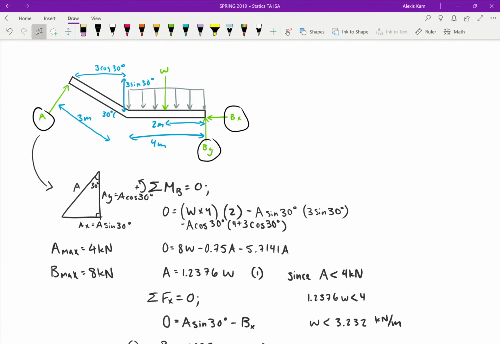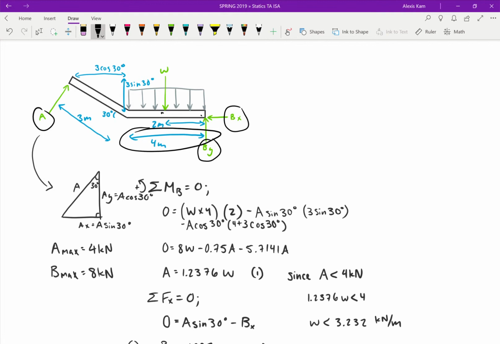I would choose to take the sum of the moments at B, because if we do it at B, then we don't have to take into account BY and BX, and we can just focus on the distributed load and then the reaction force A. So then we could say that 0 equals the distributed load times 4, that's the distance it acts on, times 2, which is the distance between B and the middle of the distributed load, where we say the distributed load will be acting on a point, is 2 meters across, right?